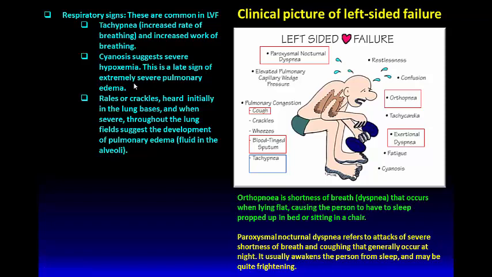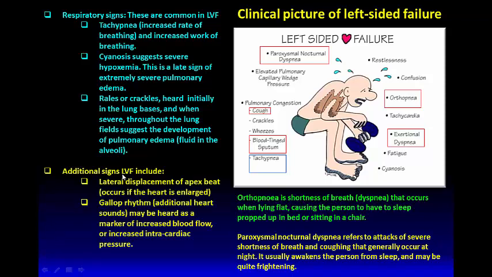And when we auscultate the lungs in patients with left-sided failure, we may hear rales or crackles or crepitations. These are terms for the same sign, and these are fine crackling sounds which are heard initially in the lung bases, and when left-sided failure is severe, the crepitations will be heard throughout the fields of the lung, and this suggests the development of pulmonary edema.